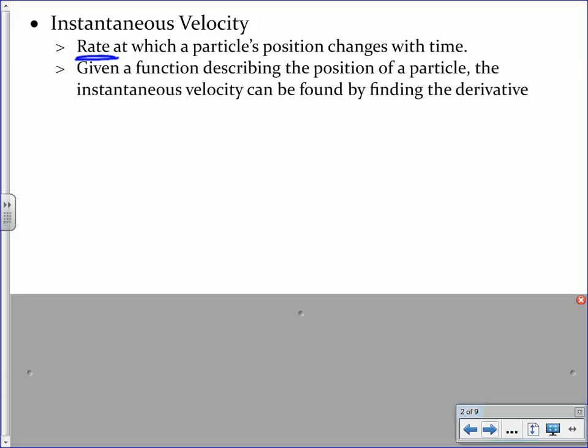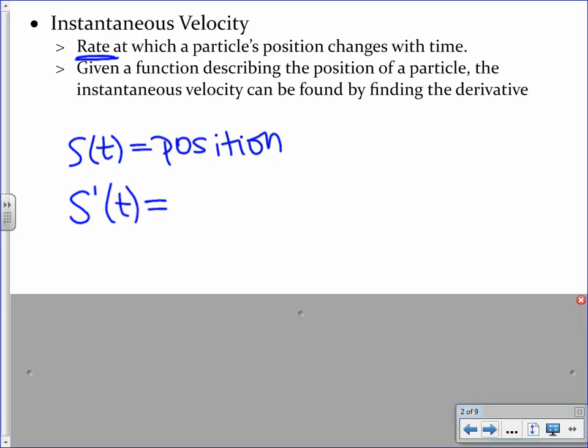So s of t is going to be our position. When we take its derivative, we get velocity.